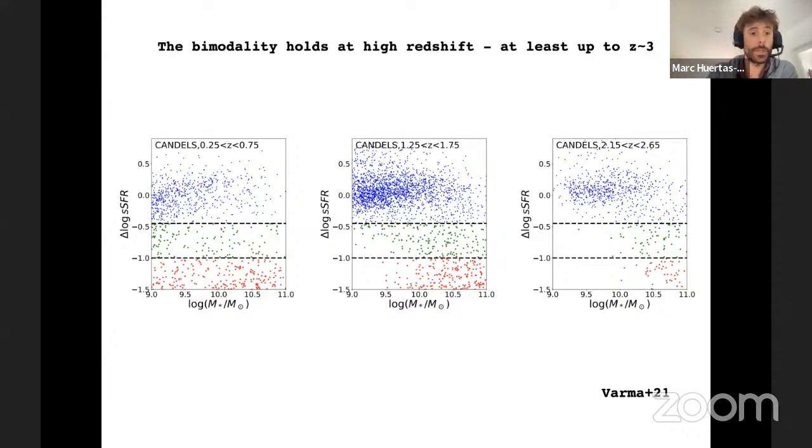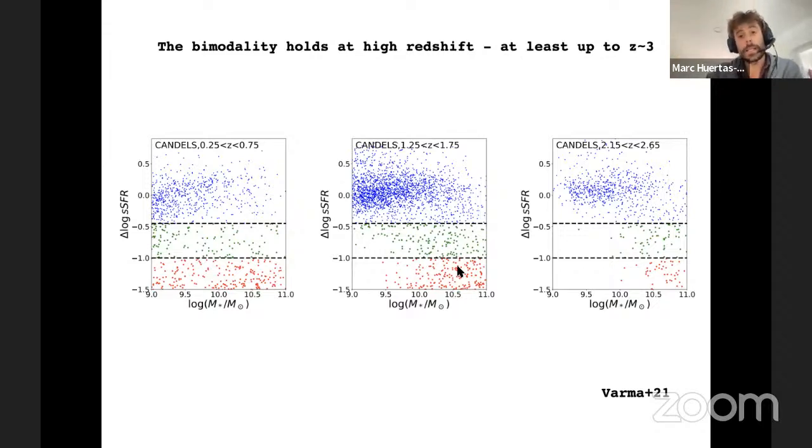This is another way of showing it, but basically you can always see a population of star-forming galaxies and a population of quenched galaxies, which typically are more massive as you go to high redshift, but this is also because of completeness. So this coexistence between these two populations is something that happens in all the history of the universe that we can probe.